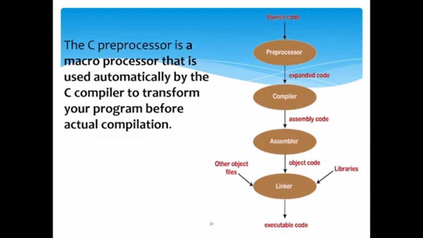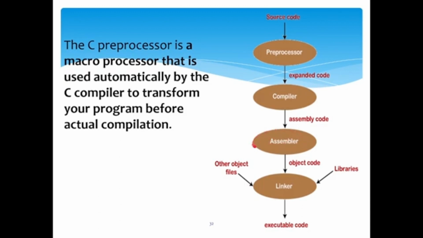And how a C program works, you can check it. First, the source code, the code which you have written. Then the preprocessor, which has the library functions, expands your code, and the compiler will check your code and compile it, and it will convert it into assembly code.